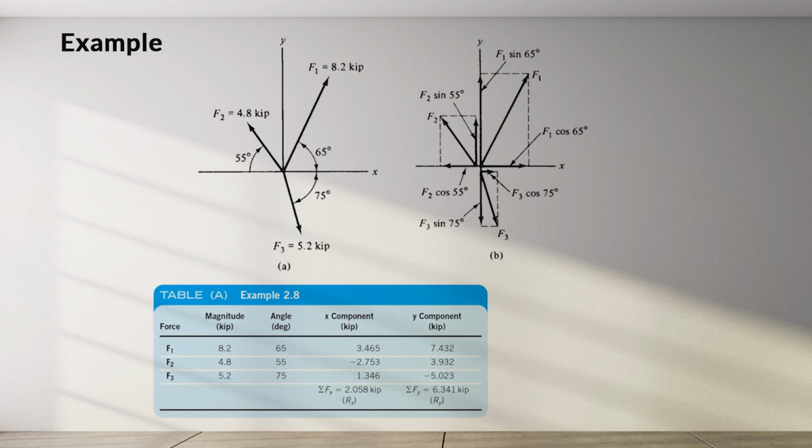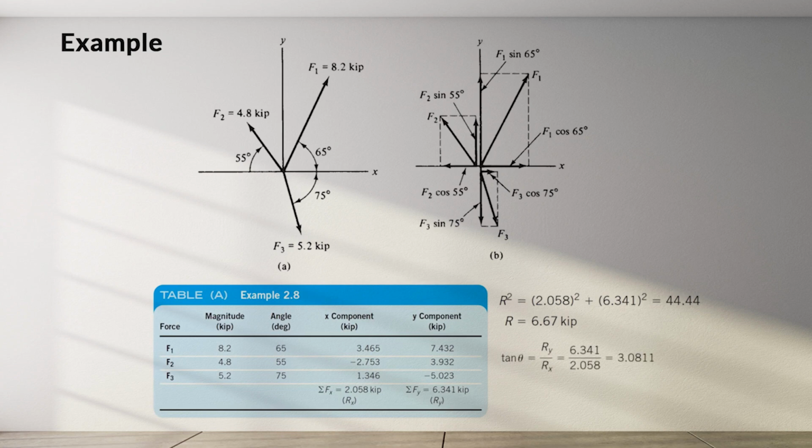From the definition of the tangent of an angle, you can find theta, or the arctan, from the equation. R squared equals 2.058 squared plus 6.341 squared equals 44.44. R equals 6.67 kip.